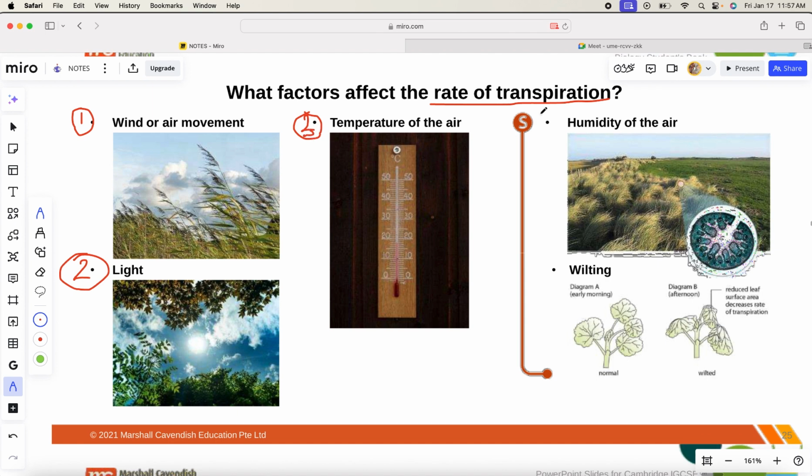Number four is humidity. Okay? Humidity is like moist air, right? Some place may be hot, but not very humid. Some place, if it's humid, it's very unbearable.